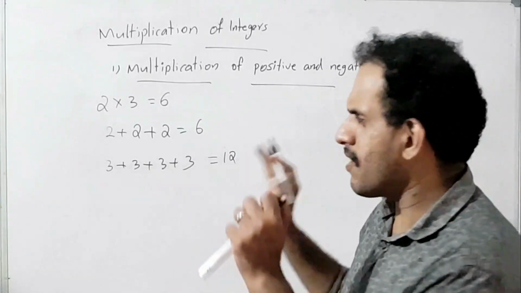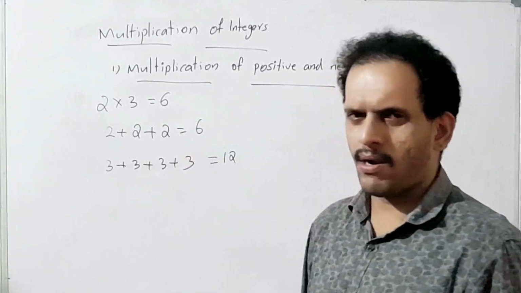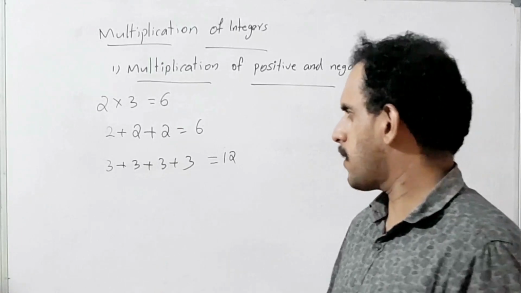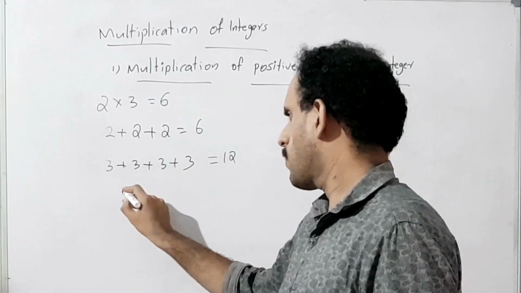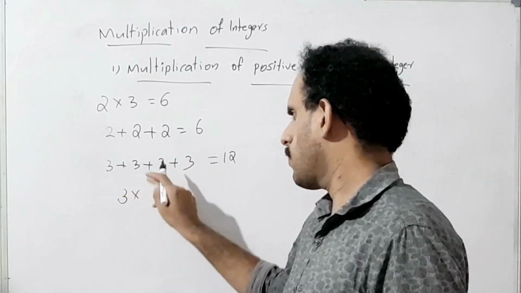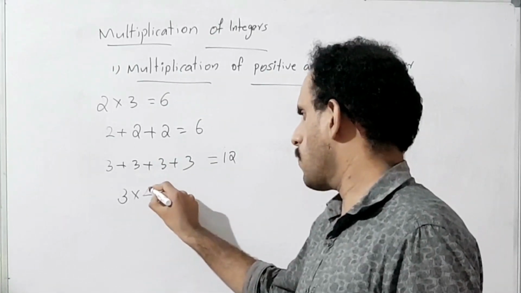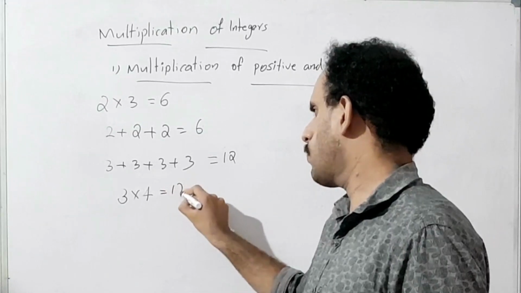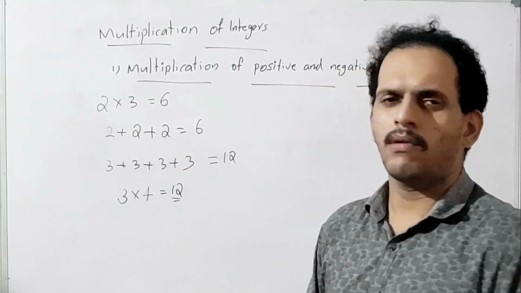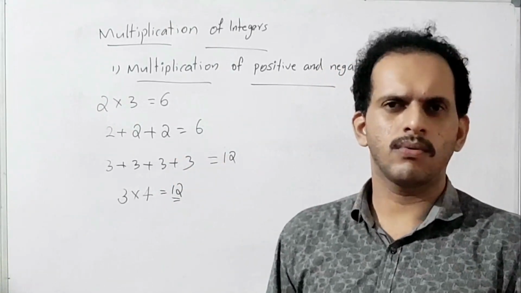So we represent this shortly in the form of multiplication as 3 into 4, which is equal to 12.